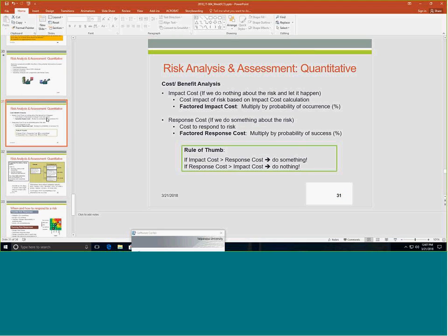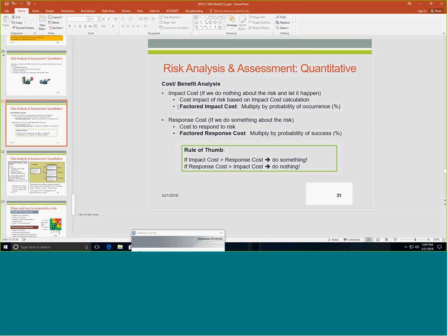We can do a cost-benefit analysis, for example: what is the benefit of mitigating a risk compared to the cost we have to invest in mitigating it? So the cost of somebody dying versus the cost of revising our code, right? This is where the cost-benefit analysis typically has a pretty significant outcome.